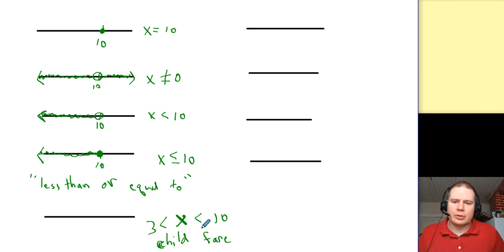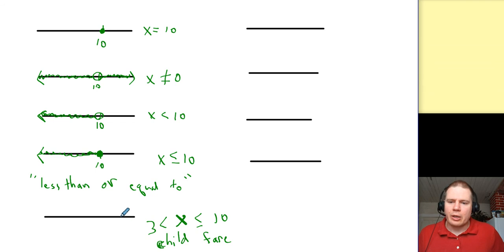So if you're 10 years old, that counts. So less than or equal to 10. If you're exactly 3 years old, you can get in for free. But if you're more than 3, you have to pay the child fare.